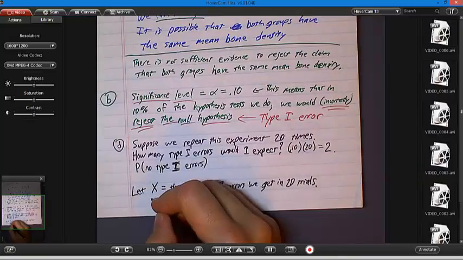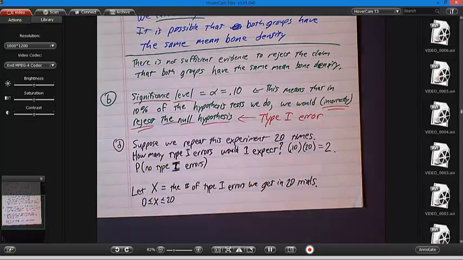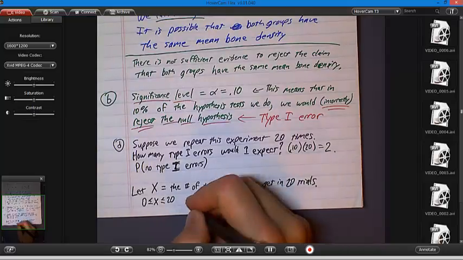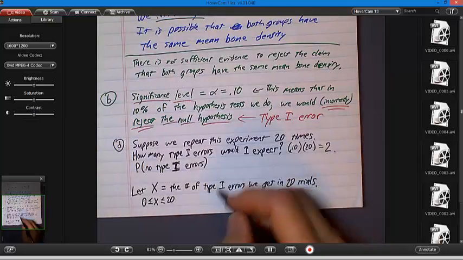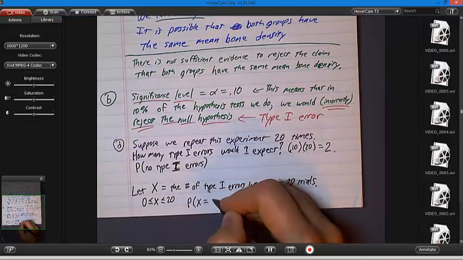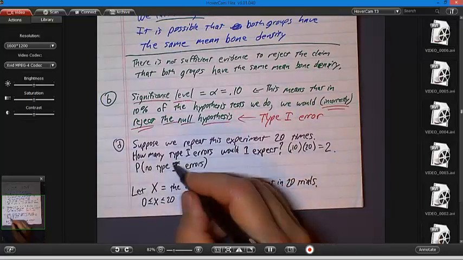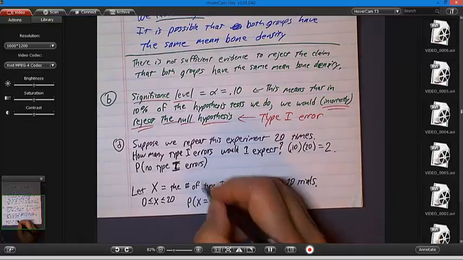Well, I know it's less than or equal to 20 and greater than or equal to 0. Those would be the extremes: every time I do it I get a type 1 error, or I might not get any, or something in between. I'm saying 2 is the most common, but what I'm doing here is the probability that x is equal to 0. That's really what part D is asking. Probability of no type 1 errors.